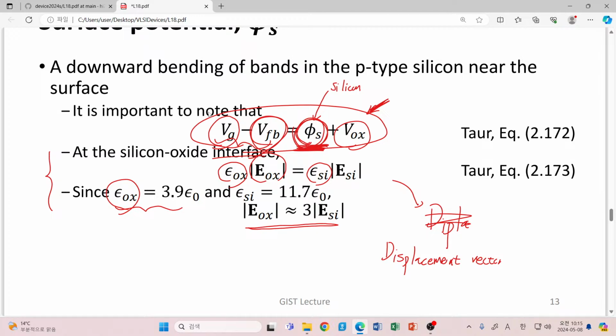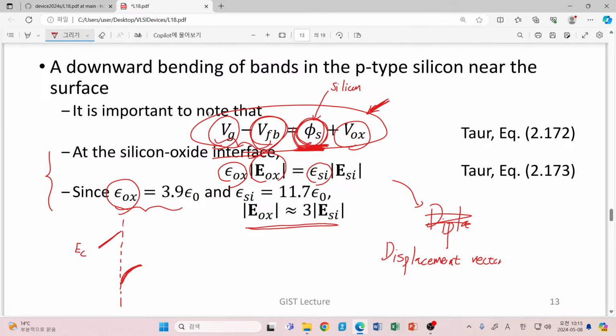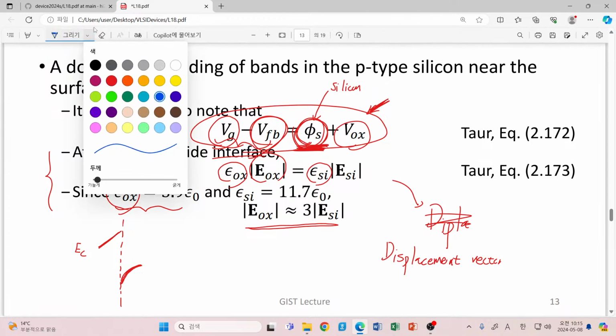So simply speaking, if you have a diagram drawn in this way, for example, let's say this corresponds to your conduction band profile, then this is not very well scaled. Why is it not scaled?